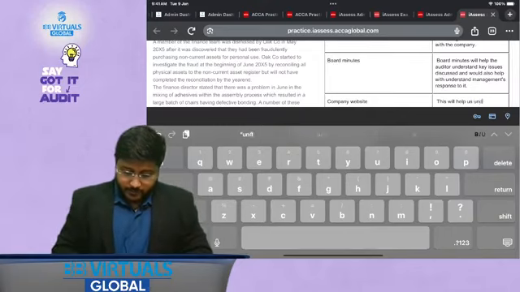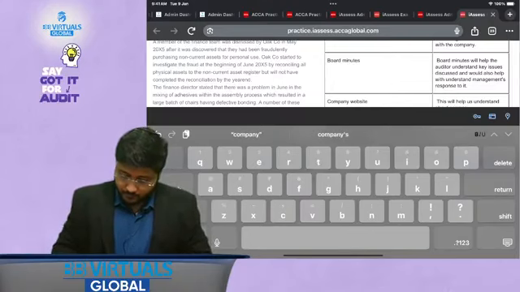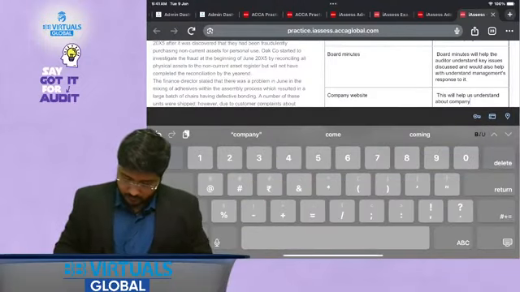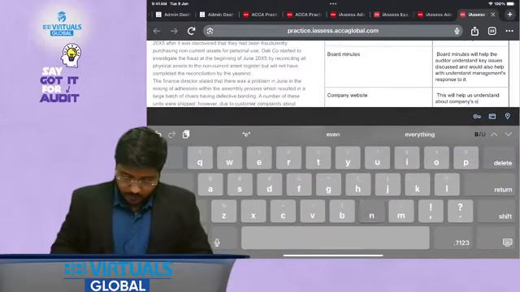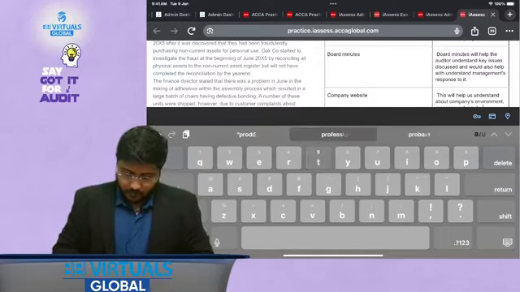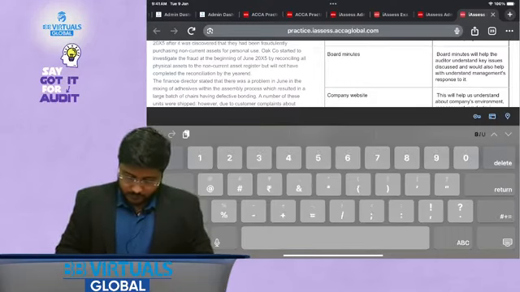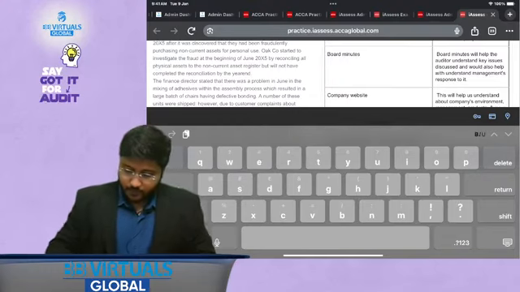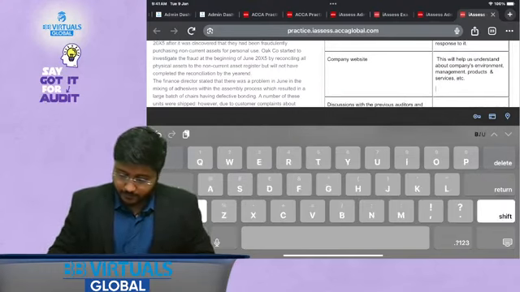This will help us understand about the company's environment, management, products and services, etc. Okay, this is something important.